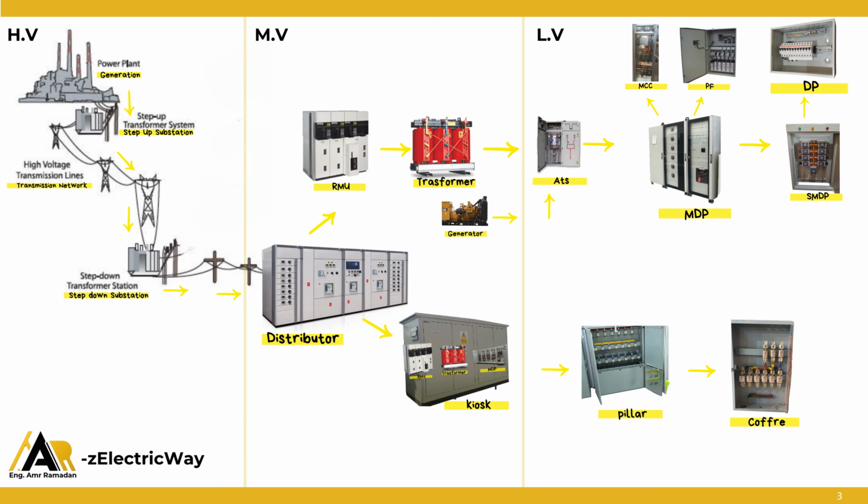We can also feed motor control centers for motor loads, or power factor correction panels to improve efficiency. For outdoor supply, power can be distributed through pillars directly to homes, shops, and street lights. This is the complete electrical distribution infrastructure, from the power plant all the way to the final user.